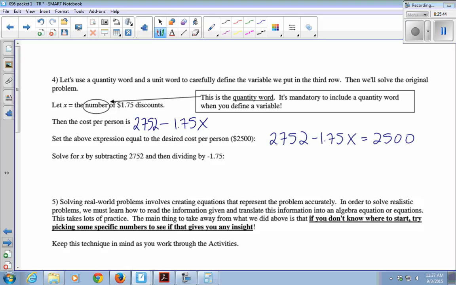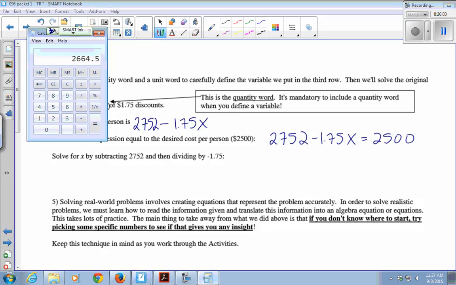And now I can solve for the number of people I need to bring on this cruise to find out when my price will come down to $2,500. So I'm going to start by subtracting 2,500 from both sides. Oh, let's see. My instructions say subtract 2,752.